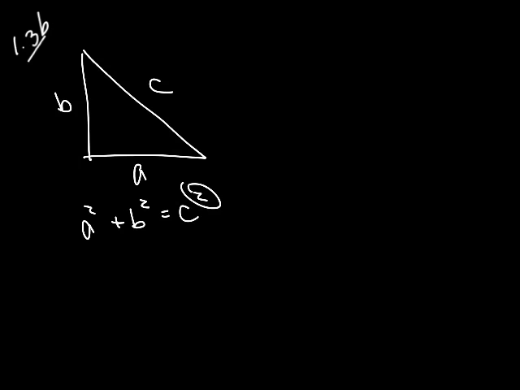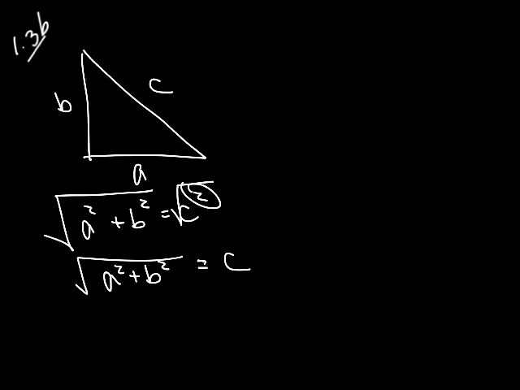And in order to find that, if we took the square root of this side and the square root of this side, we would get the square root of a squared plus b squared equals the square root of c squared, which is just c. Okay? So that's your simple algebra from a long time ago. But what are we calling our hypotenuse now in trig?